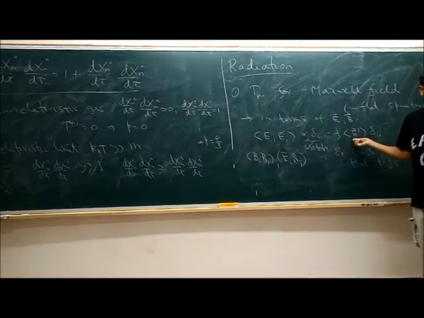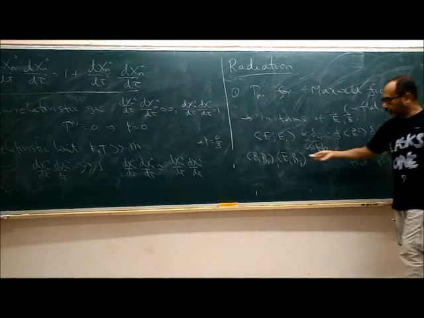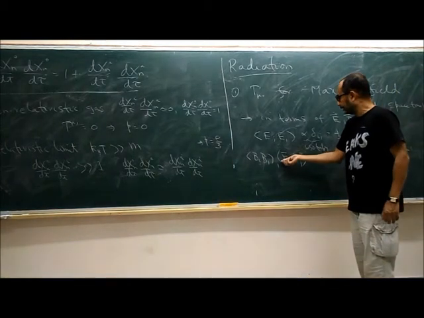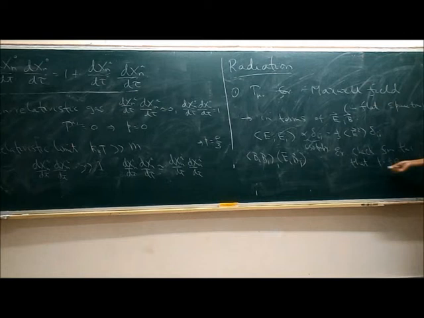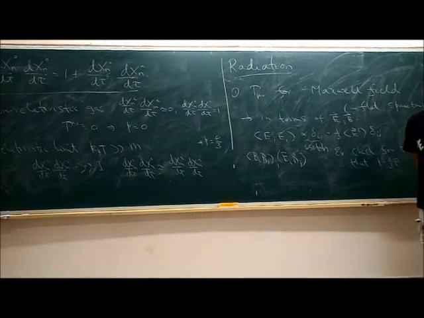This is the only unknown; it fixes the overall energy density. All of this can be converted to this. Then you can calculate T_ij, T_00, and you can verify this relation. That will be a third way of calculating the energy momentum tensor for an electromagnetic wave.